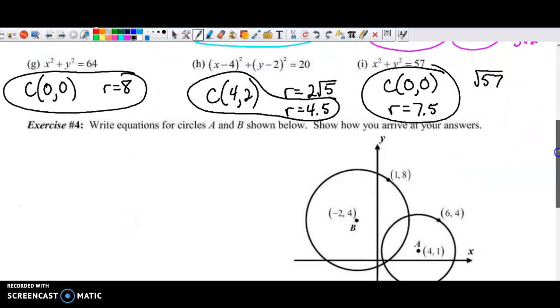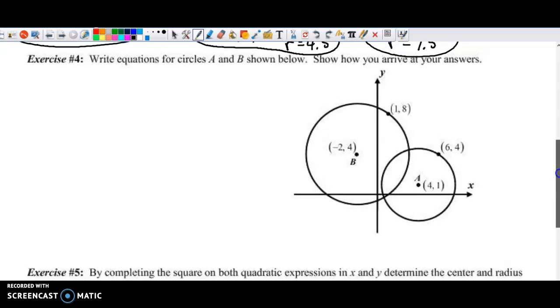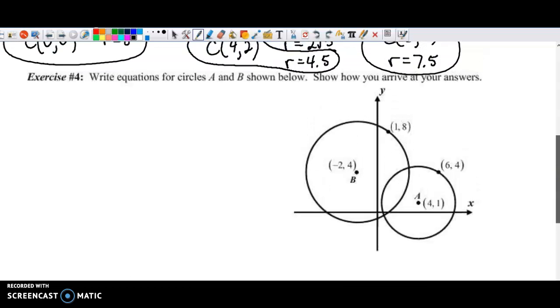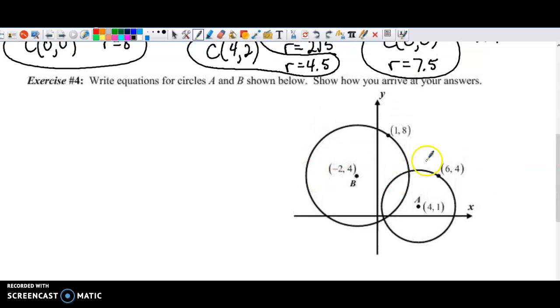So that what we can do is we can actually look for intersection points. Well, I guess I'm getting ahead of myself. All they're asking you to do is write the equation of the circles, and we'll just start with circle A and then go on from there. Because in this problem, all you know, so let's do A first, that the center is located at 4, 1.